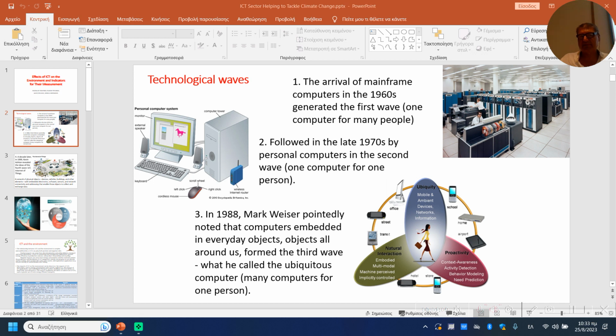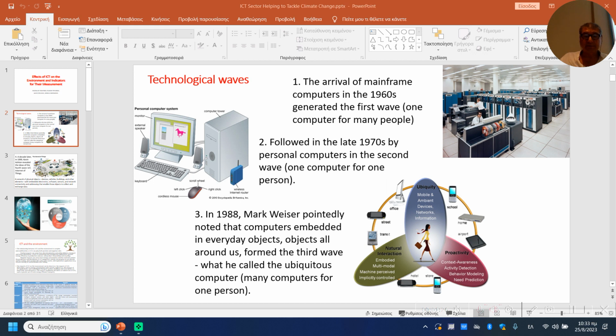First, in the 70s, we had the mainframe, which was one computer for many users. After that, we have the era of the personal computers, which came one-to-one, the logical connectivity.